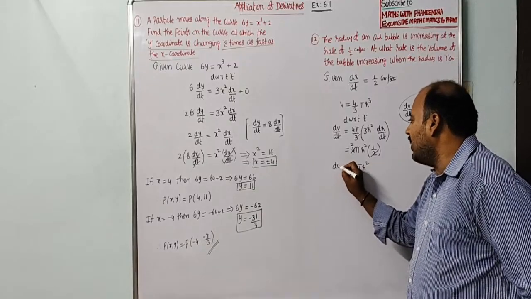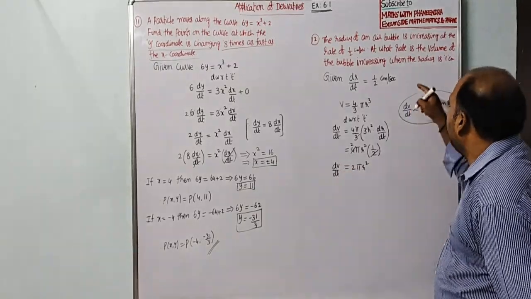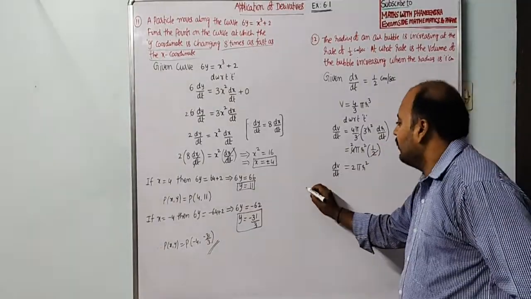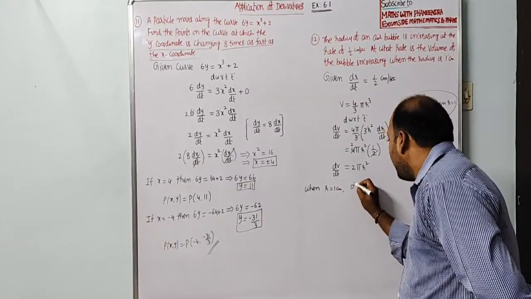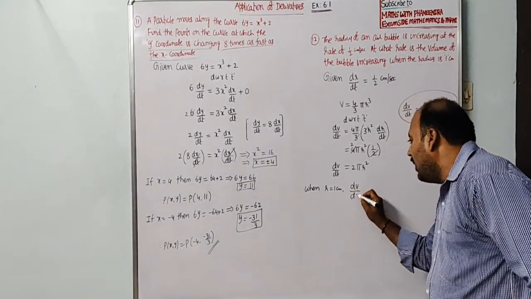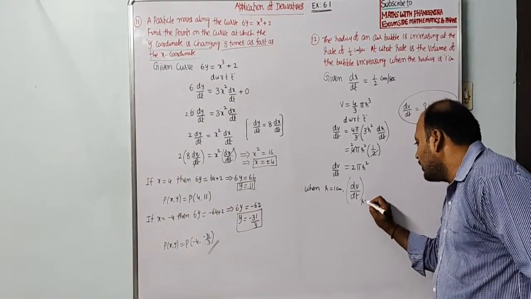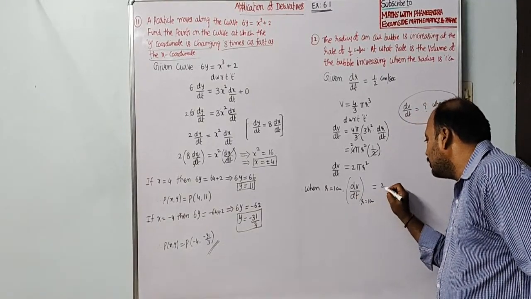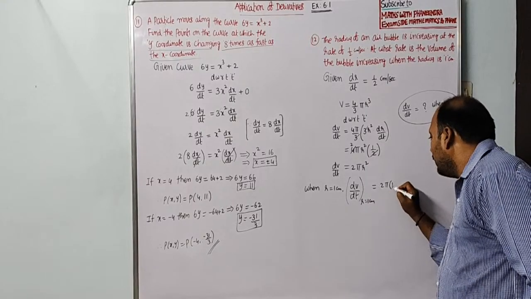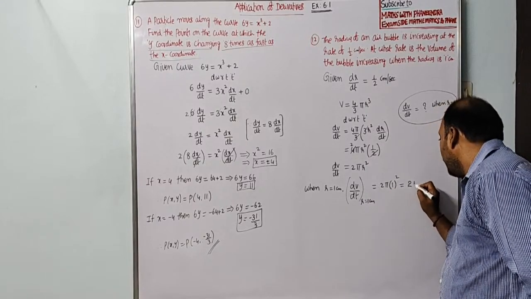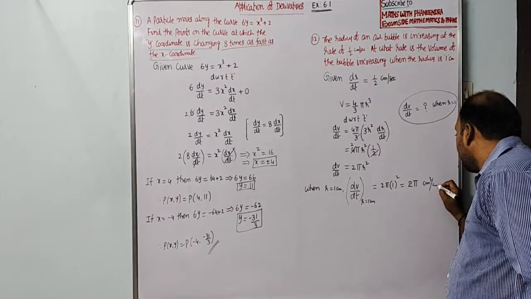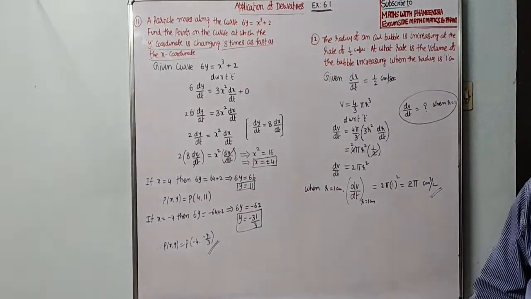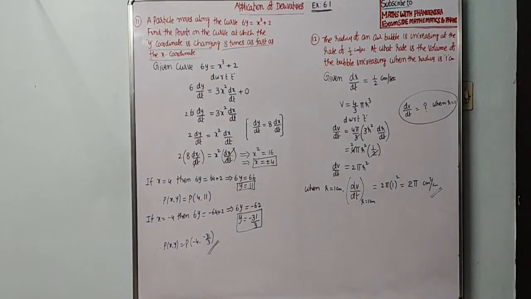So after getting dV by dt value, when radius is at 1 centimeter, the rate of change of volume of air bubble when r is equal to 1 centimeter equal to 2 pi into 1 square, which is equal to 2 pi. So volume in centimeter cube per second. I hope everyone understands. We'll move on to another set of questions.